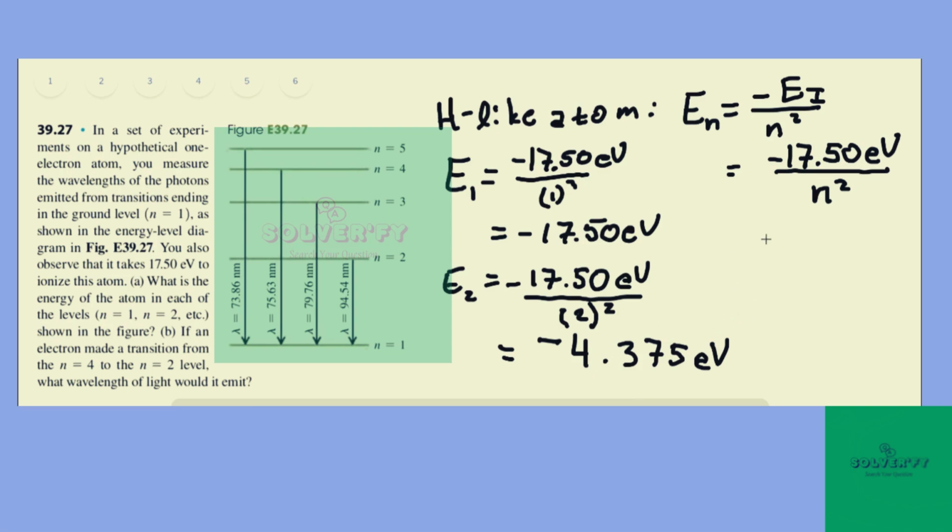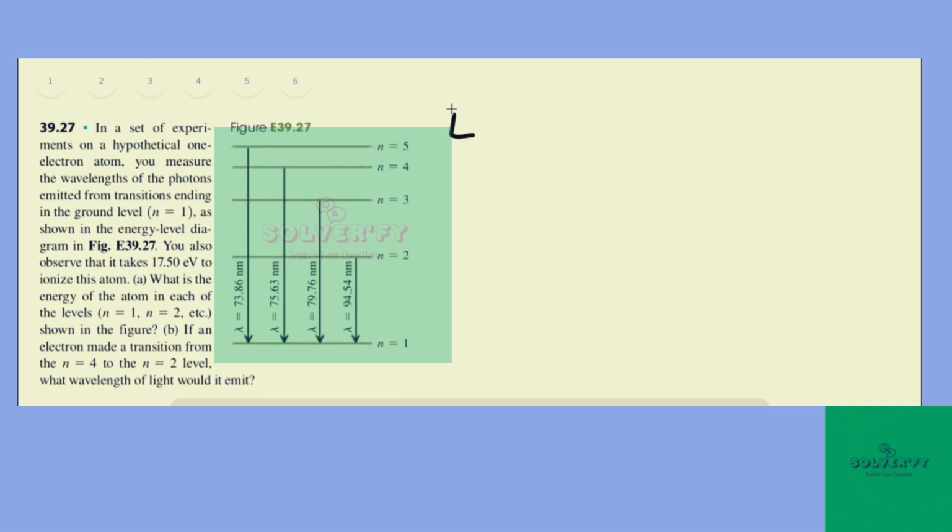Awesome. And I'll leave the rest of these equations, energy levels E3, E4, and E5, for you to calculate in a similar way. So now we have the energy levels we wanted.